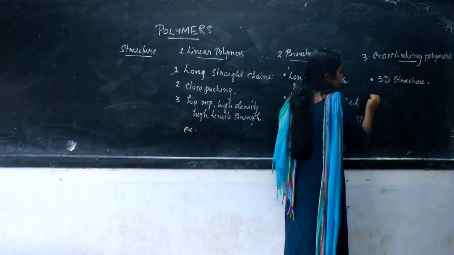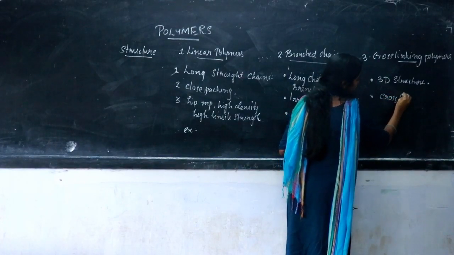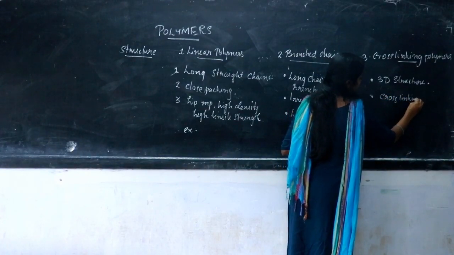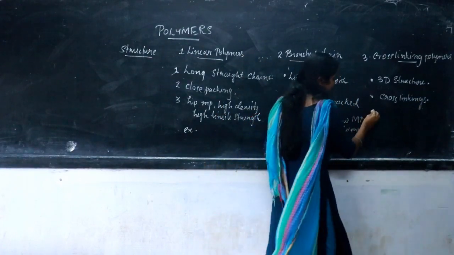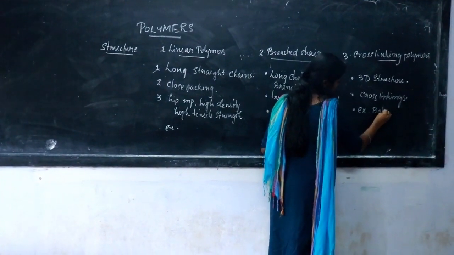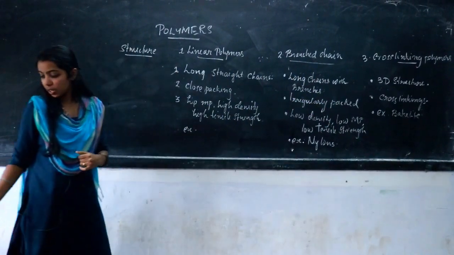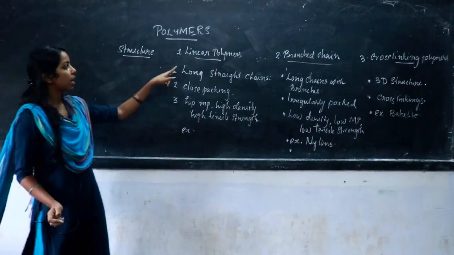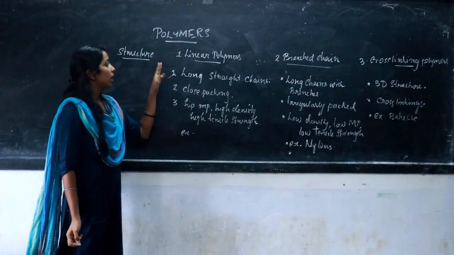There will be a large number of cross-linkings between the chains. Example, bakelite. Now these are the classification based on structure: linear polymers, branched chain polymers, and cross-linked polymers.